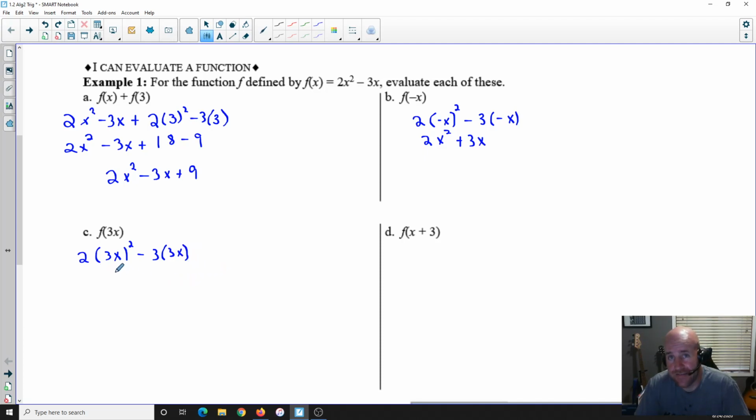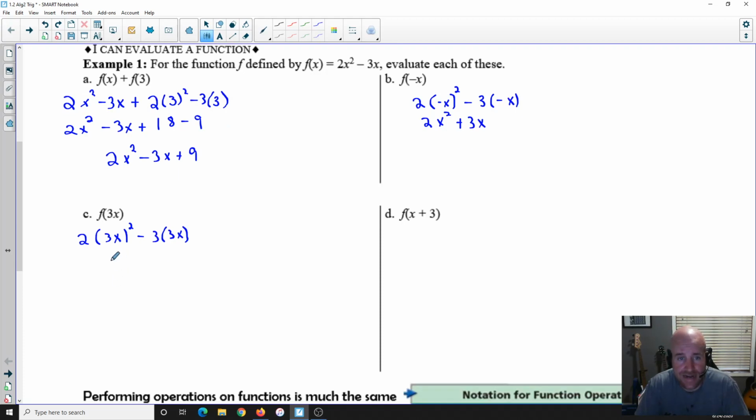So 3x squared would be 3x times 3x is 9x squared, times 2, that's going to give us 18x squared. And then negative 3 times 3x, we know that is going to be negative 9x. So there's our final answer.